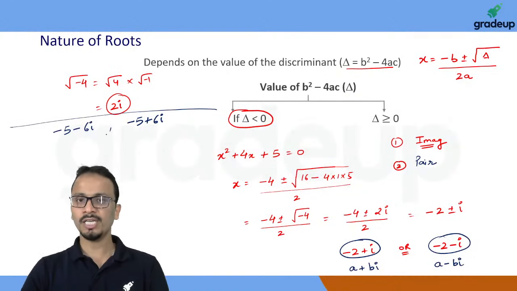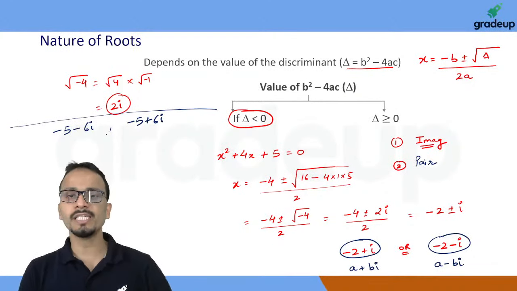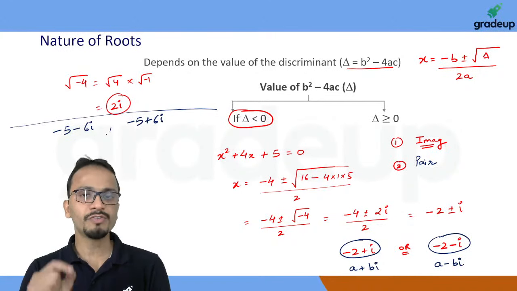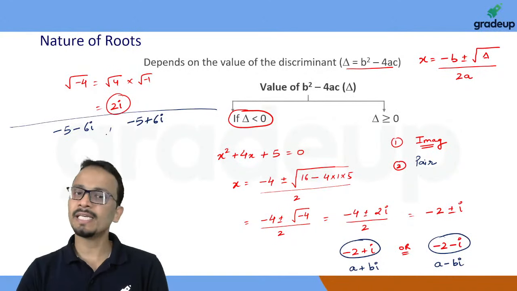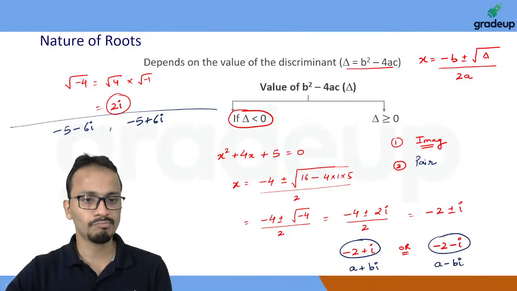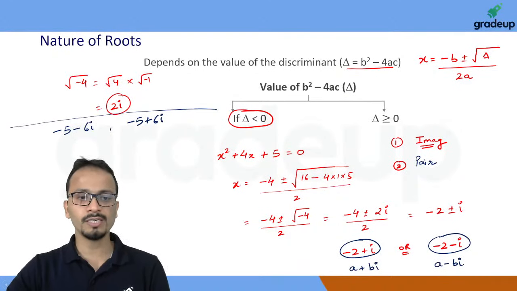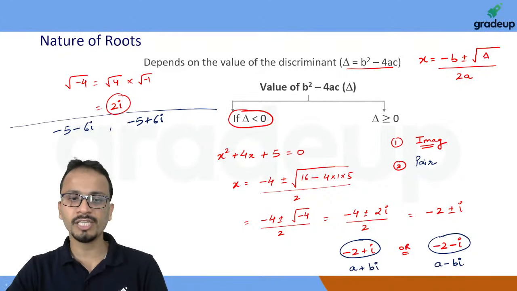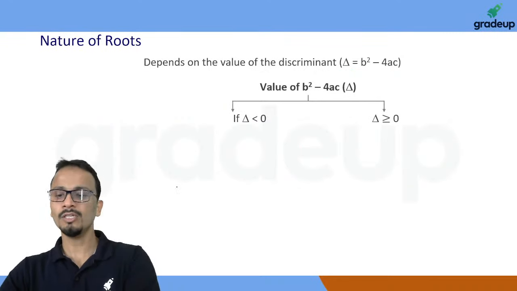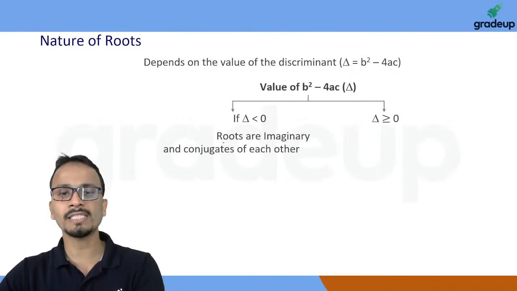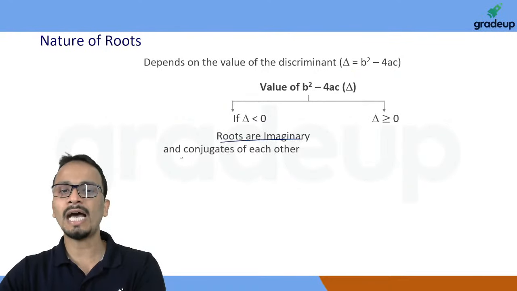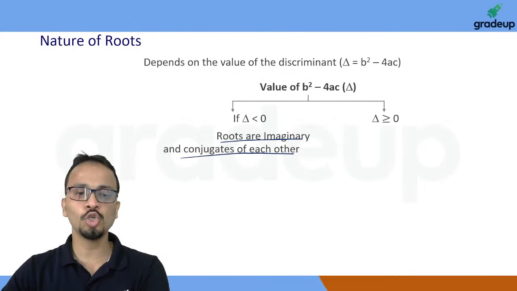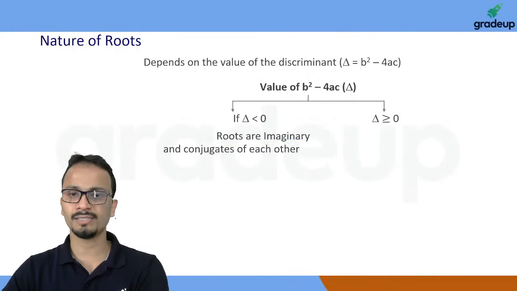All right, friends. So I've covered the first case, if the value of discriminant is less than 0. Now let's move further. I'm erasing whatever is there on the screen. So if delta is less than 0, the roots will be imaginary and complex conjugate of each other.